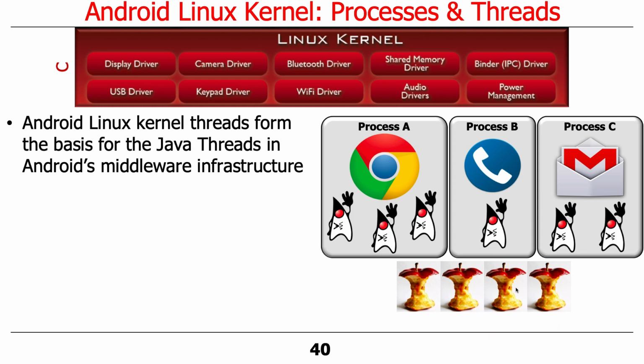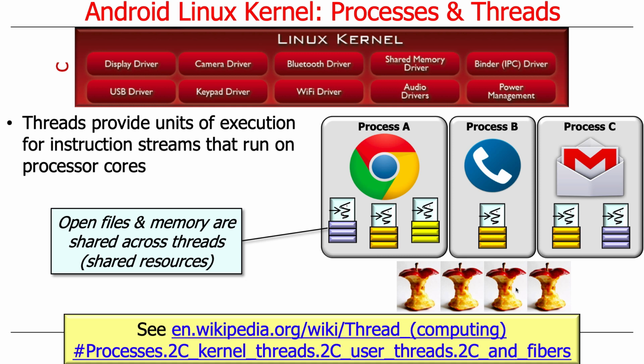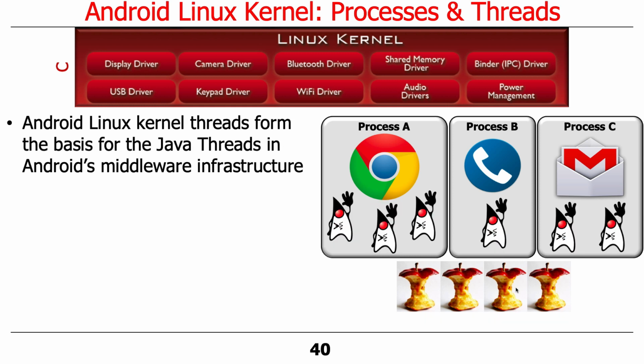So the Android Linux kernel, just to show you the visualization. This is the low-level view. The Android kernel threads basically provide a foundation for the Java threads in Android's middleware architecture. And that is not an Android-centric way of doing things.